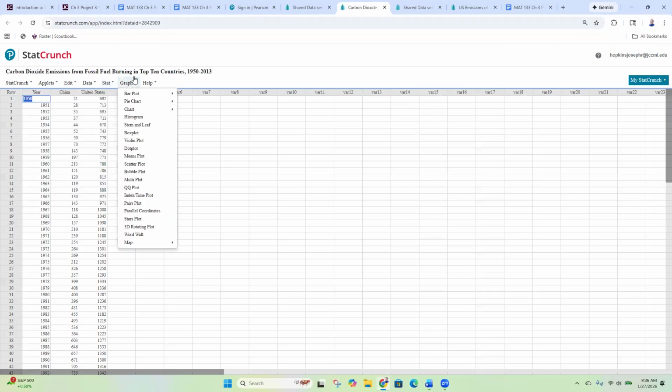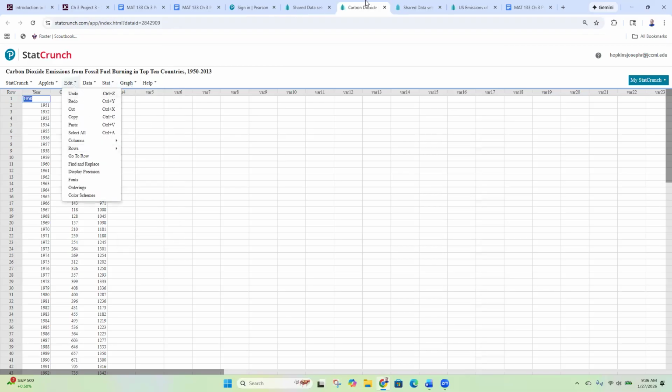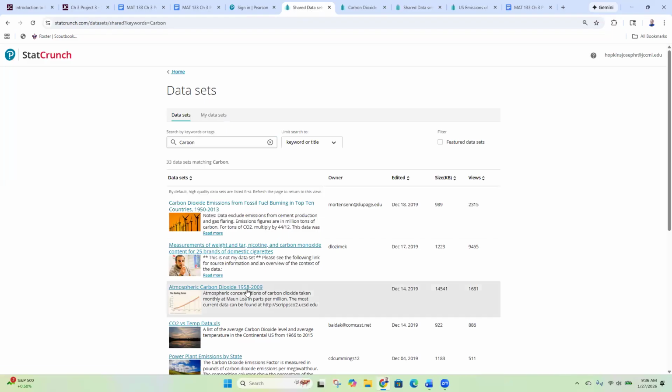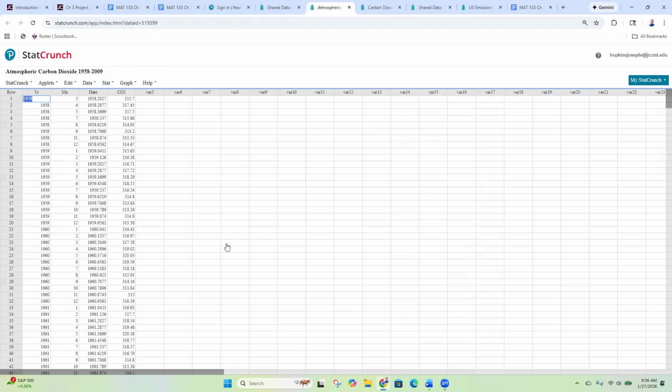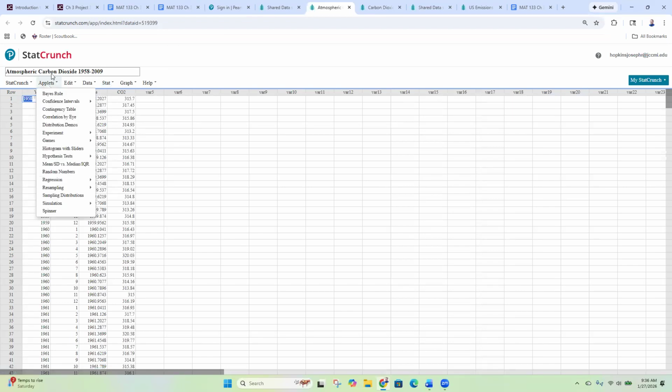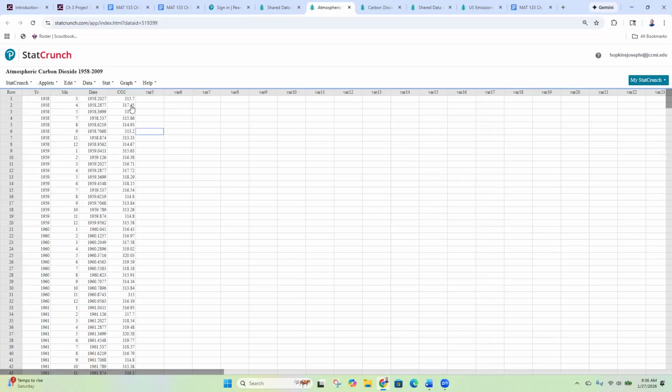Carbon dioxide emissions from fossil fuel burning in the top 10 countries. So this would work. I could do China or the US. What about this one? What does this one look like? Atmospheric carbon dioxide. Okay, I think I'm going to use this one. Let me close the other ones so I don't get myself confused.